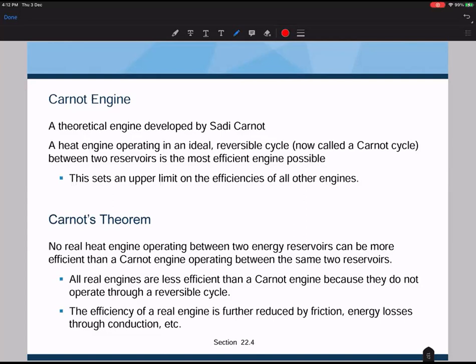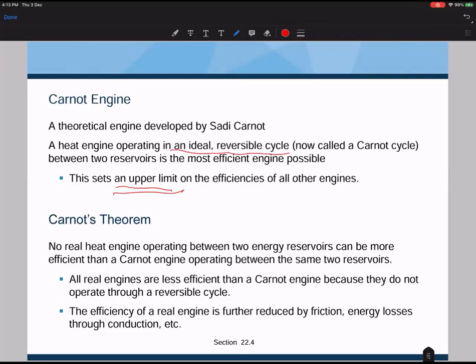Now, a Carnot cycle is a special type of cyclic process, which is operating in an ideal and reversible way between two temperature reservoirs. And the efficiency of the Carnot cycle would set an upper limit on the efficiency of any other engines that are operating between two fixed temperatures.